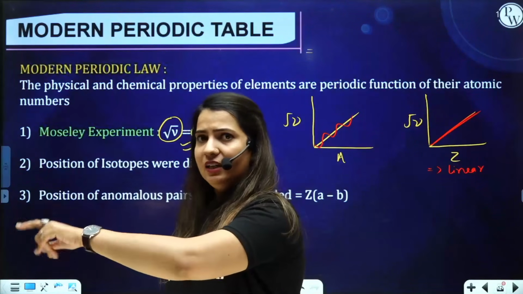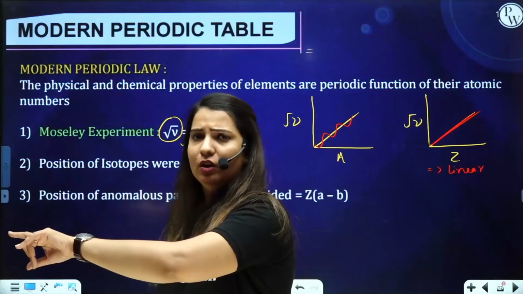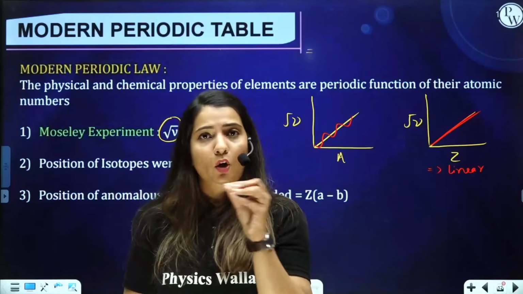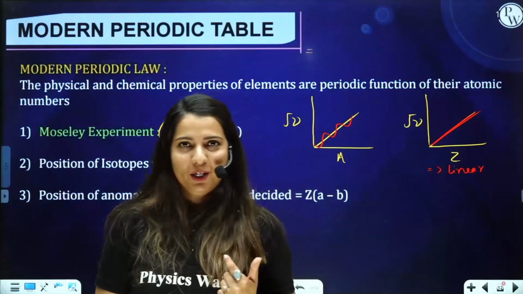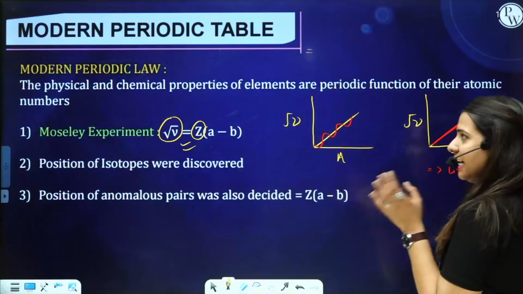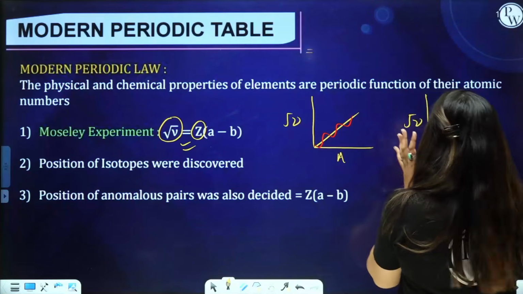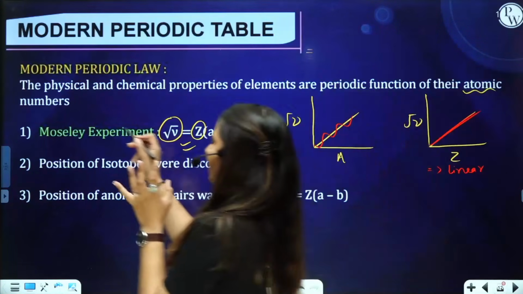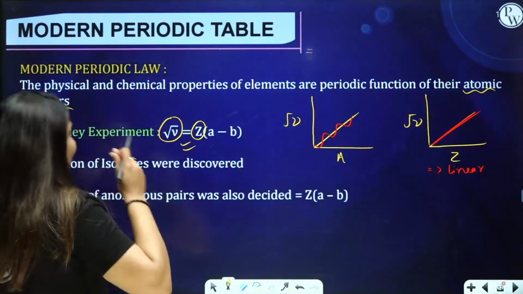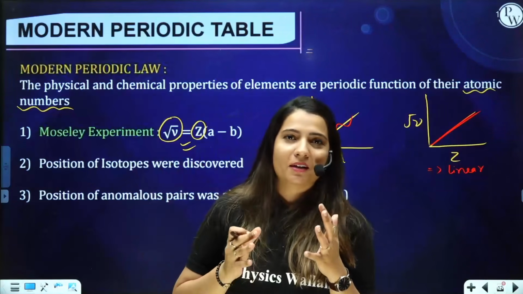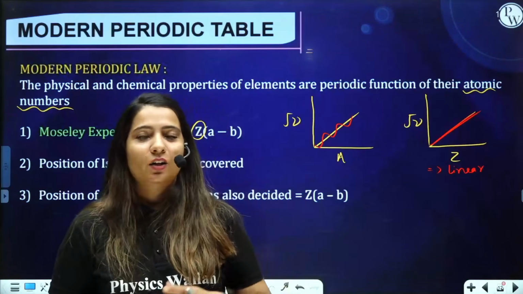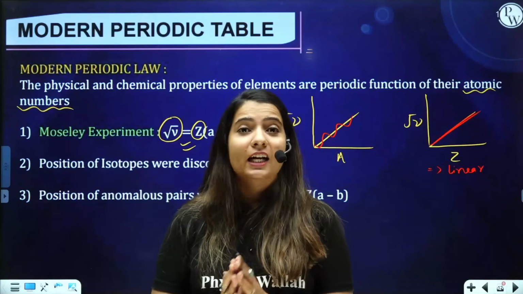Then Bohr, Bury, Warren and some other scientists discovered the periodic table and gave the modern periodic law: the physical and chemical properties of the elements are a periodic function of their atomic numbers. It is not the atomic mass that should be the basis of selection, but increasing atomic number.